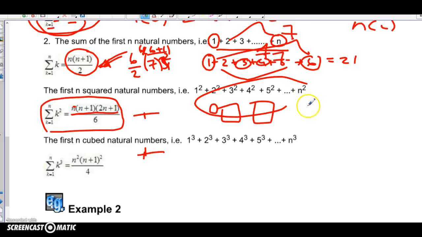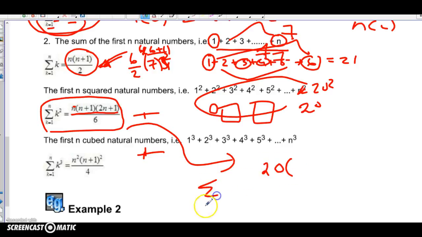So for example, if I want to get the sum of the first 20 terms, so 1 squared all the way up to 20 squared, what I will do is I'll use this formula here. How would I write this out? I want from the first term to the 20th term, and I want the square of each term.